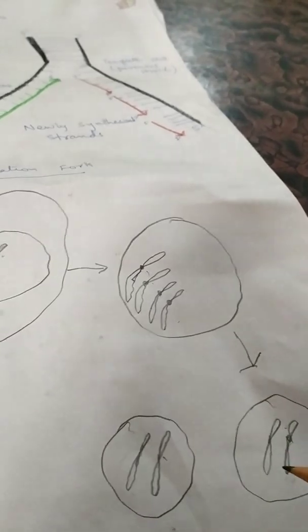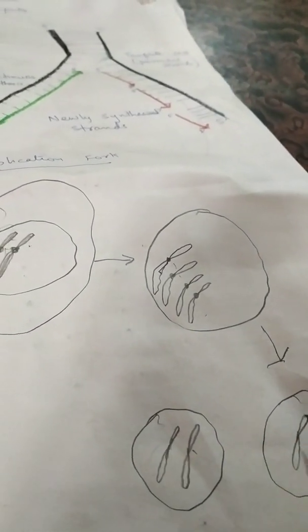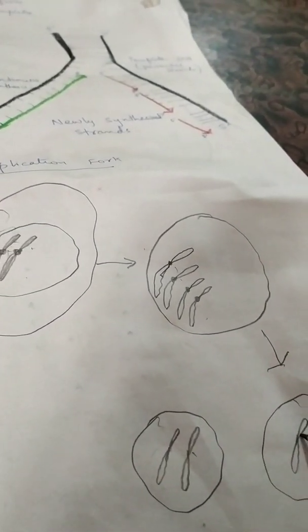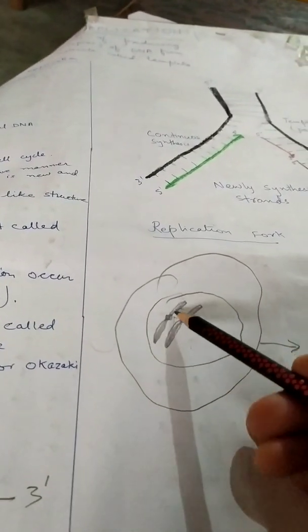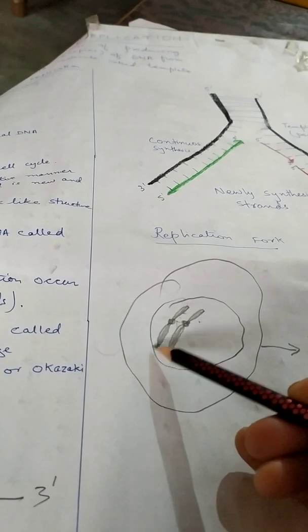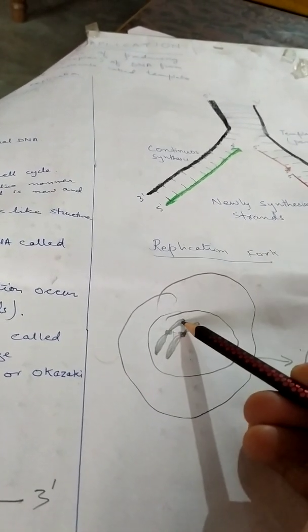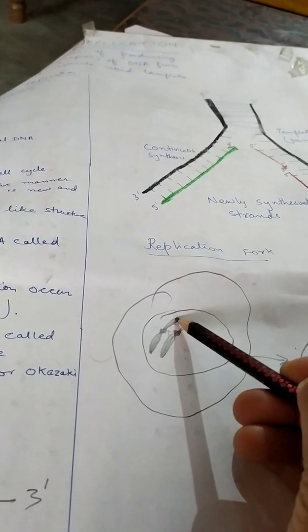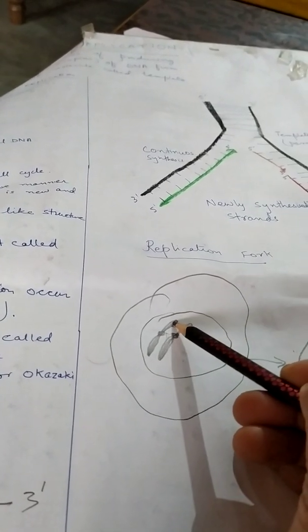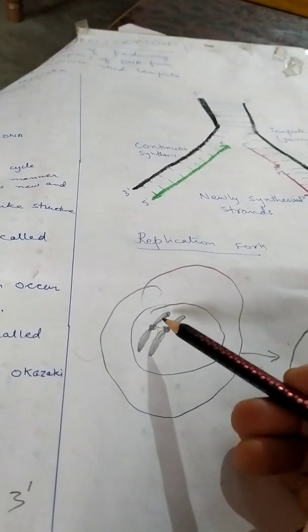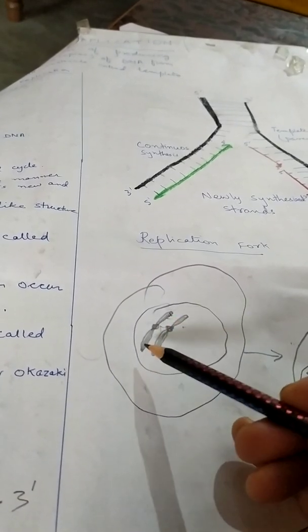So during this division, DNA is also dividing. Originally there was one DNA in this chromosome, another DNA in this chromosome. This one DNA will be replicated, or duplicated we can say, and it will form 2 copies.